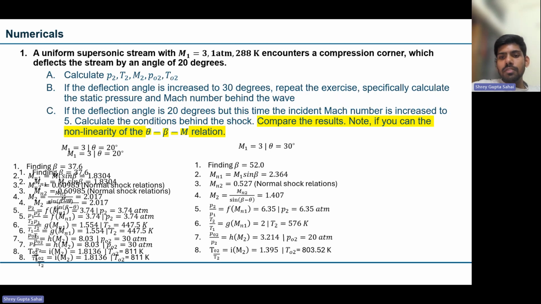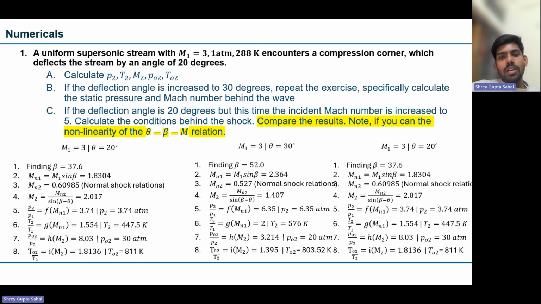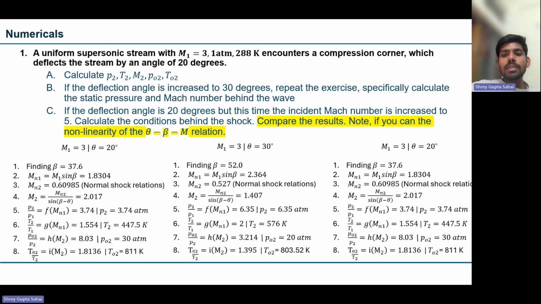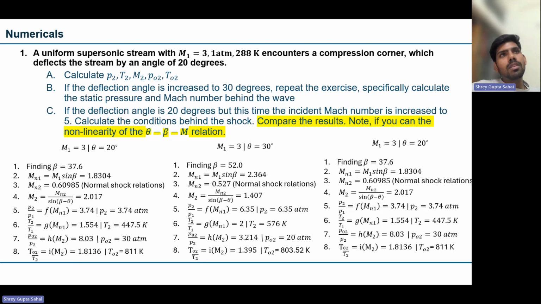Now we'll see if there is a linearity between Mach number and other quantities. We know that the explicit dependence on Mach number is squared, so the relationship is going to be non-linear. This third part has Mach number 5.